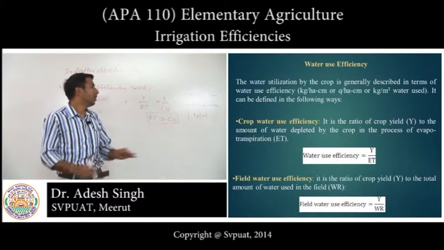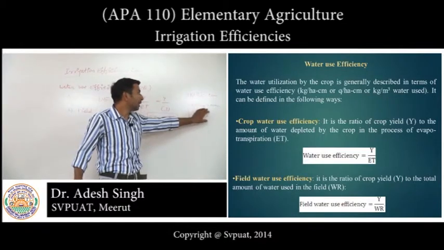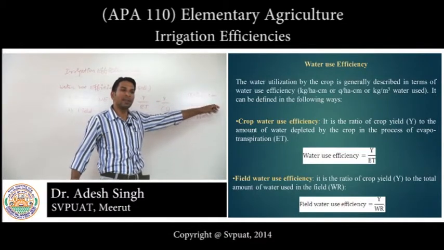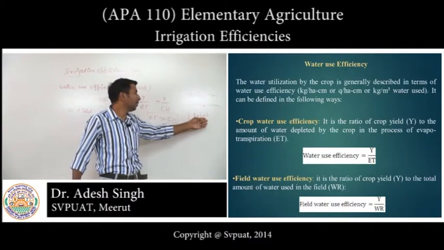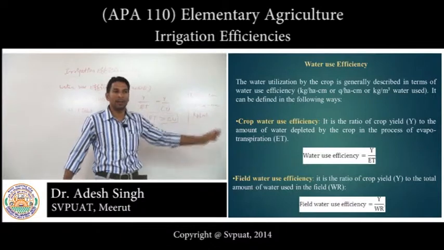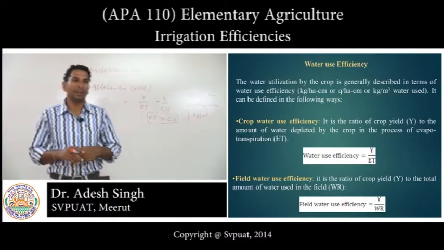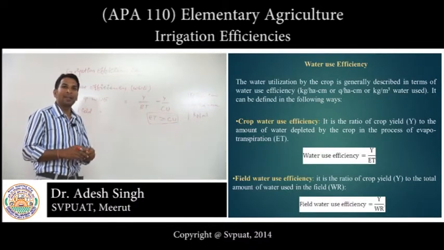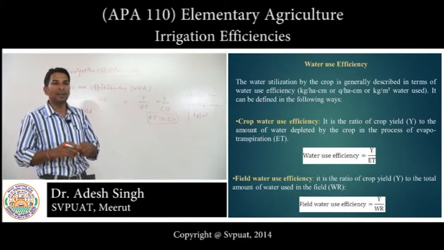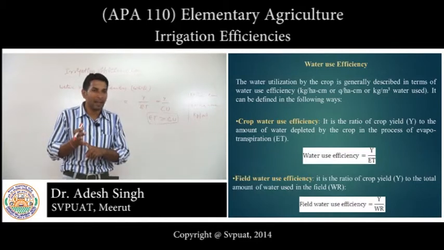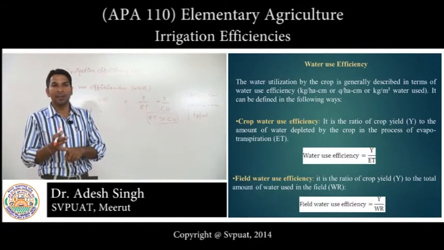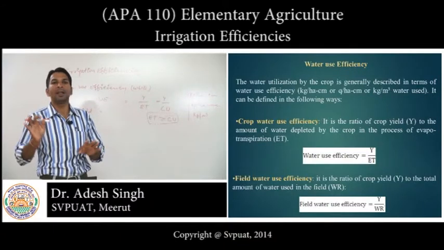Clear? So if this hectare millimeter or hectare centimeter is quantified in cubic meter, means in volumetric terms, then it can be simply quantified. And the water use efficiency of dryland crops is quite more as compared to irrigated crops. Say for example, the water use efficiency of rice is less, whereas the water use efficiency for wheat, maize, and sorghum is high.